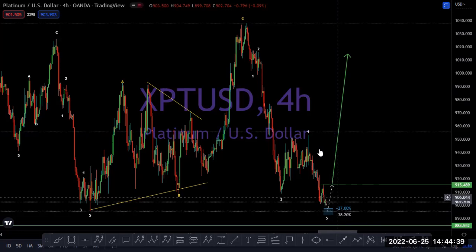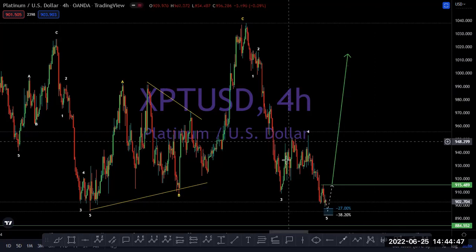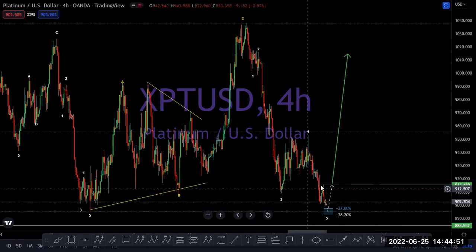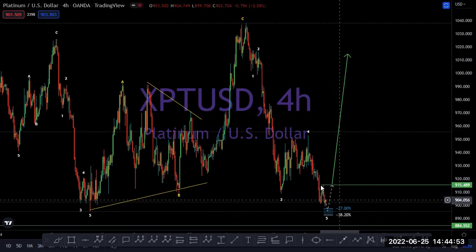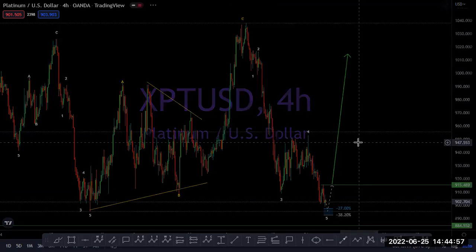Please, if you enter blindly and lose, don't say that I said that you should buy. But I said, as long as the market has gone below wave 3 and wave 5 has completed, it can go deeper.